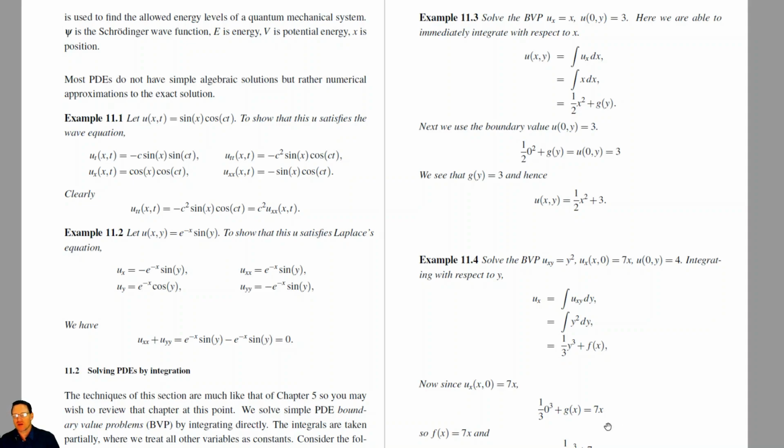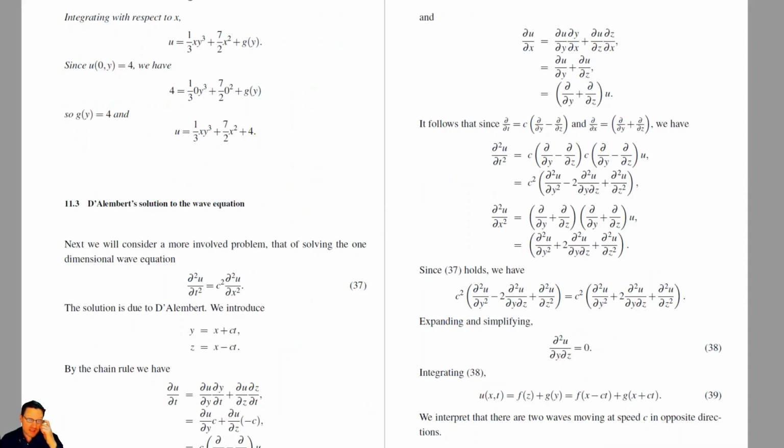Okay, so next we've got to integrate this with respect to x, and then use our other boundary value to finish it off. Integrating partially with respect to x, we've got 1/3 x y cubed plus 7/2 x squared plus some function of y, which we're calling g. Now we use our boundary value, u of 0, y is 4, so we sub in x is 0, and we're meant to get 4.